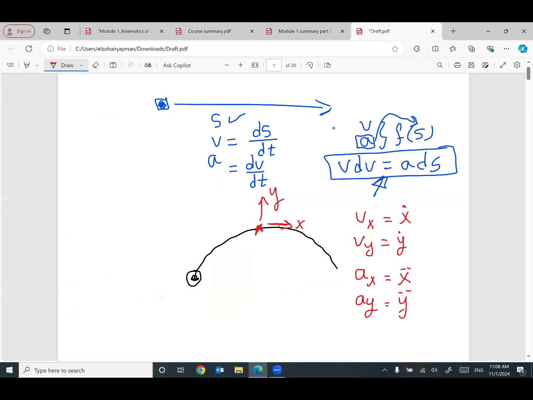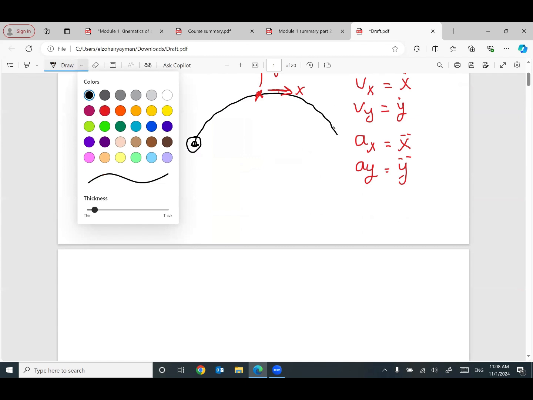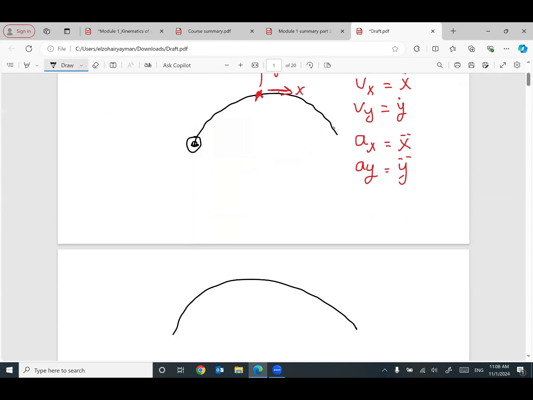To be more specific, here is the curvilinear motion, and you have a point here. I am going to figure out the value of the velocity, which is tangent to the curve.